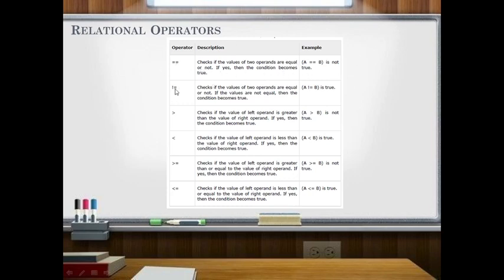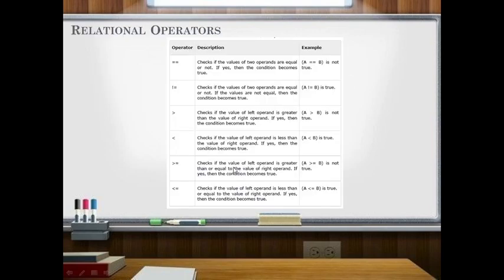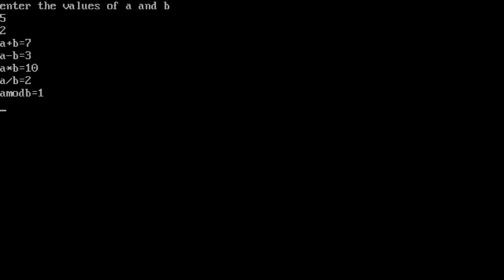If both are equal, if both are not equal, if greater than, if less than, greater than or equal to, less than or equal to. We are testing this as a condition. If true, it prints. Otherwise, it won't print. Like that, we have to test. Let us try this with an example.